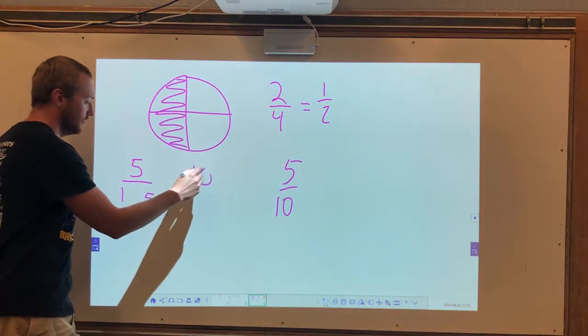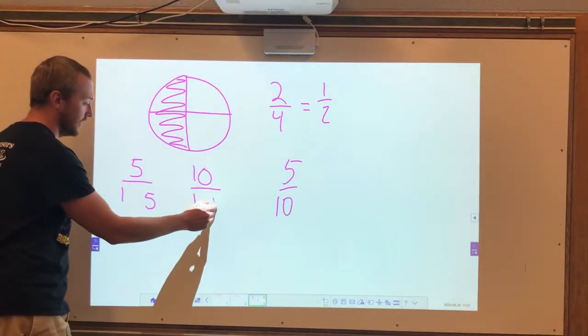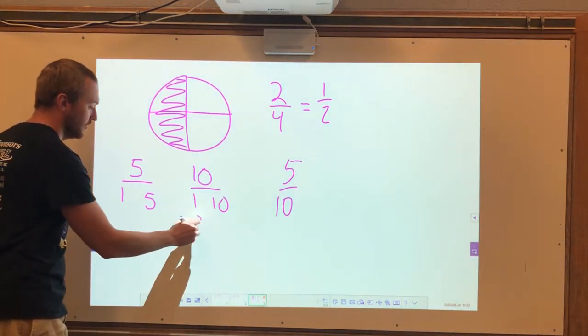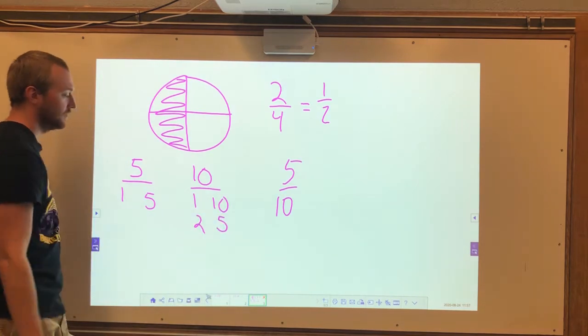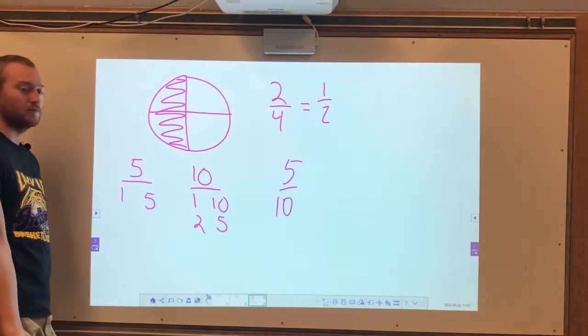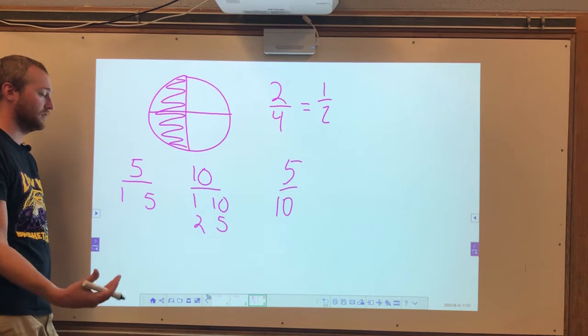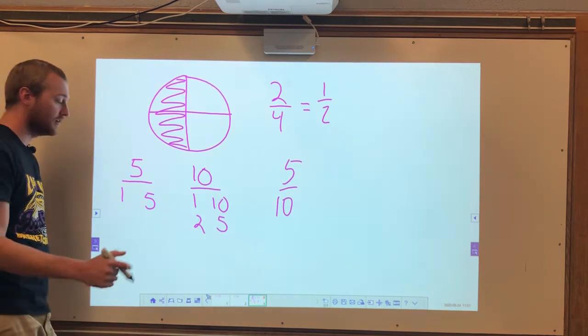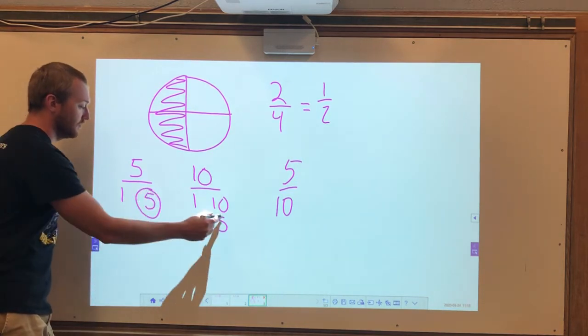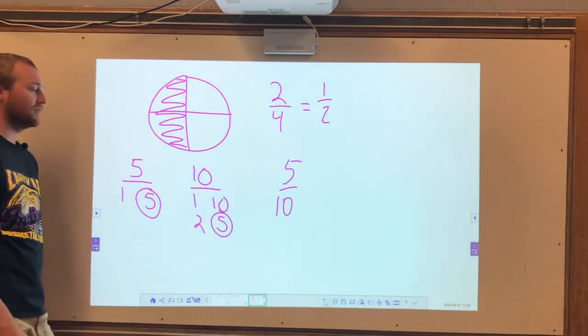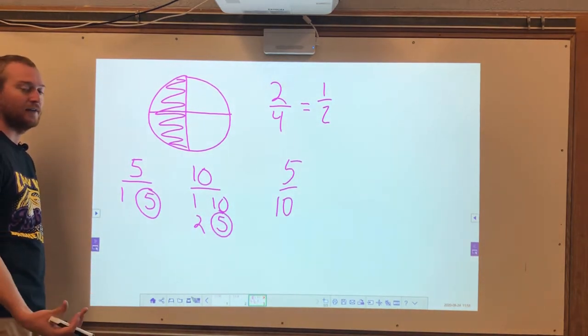10: well, there's 1 and 10, and 2 and 5. Now, what is the greatest one that they have in common? This is called the greatest common factor. It's 5. 5 and 10, their greatest common factor is 5.